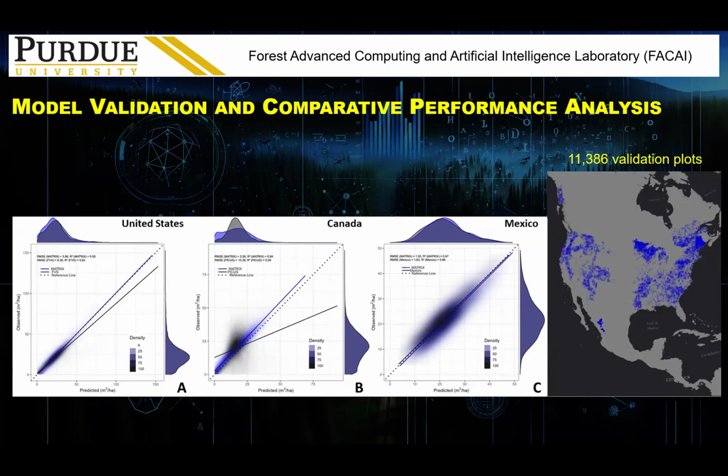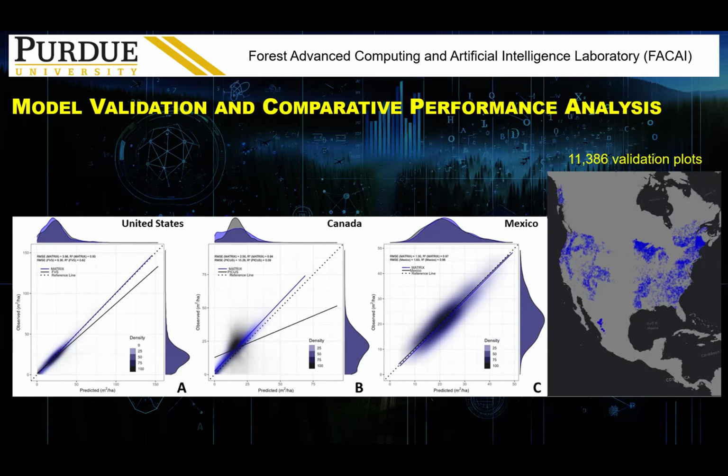And then for Mexico, because there is no nationwide large-scale forest growth model for the country of Mexico, we were able to compare it against a regional model developed by a local biometrician in Mexico.